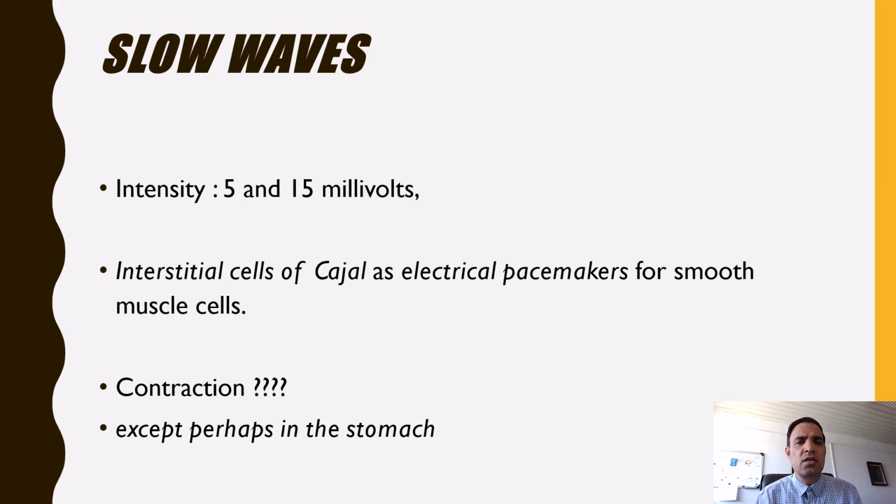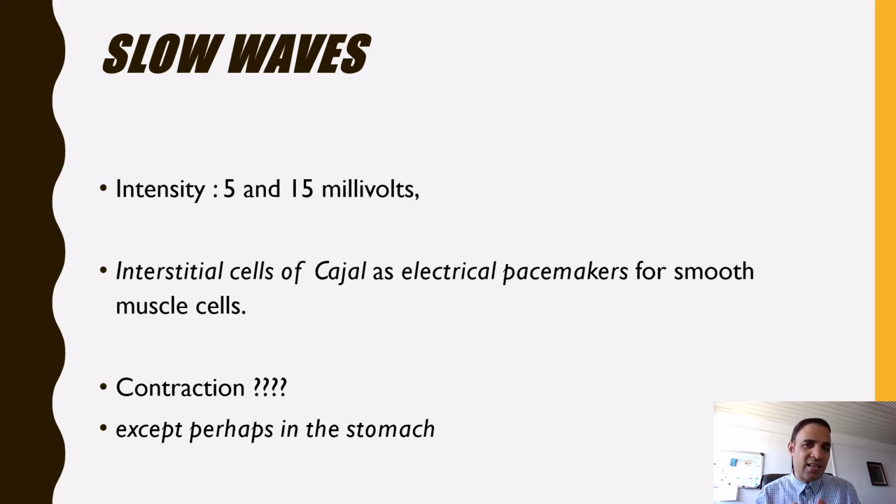You may ask me, what is the reason for this oscillation? This oscillation in the electrical activity is being generated and spread out by some cells that lie between the smooth muscle, and these cells are named as interstitial cells of Cajal.